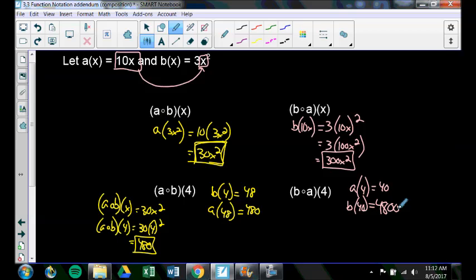Or I could just plug a 4 into this x up here. 4 squared is 16. 16 times 300 is 4800. That was a box, not a 1. 4800. Function composition, another useful thing to do with functions, of which there are many.